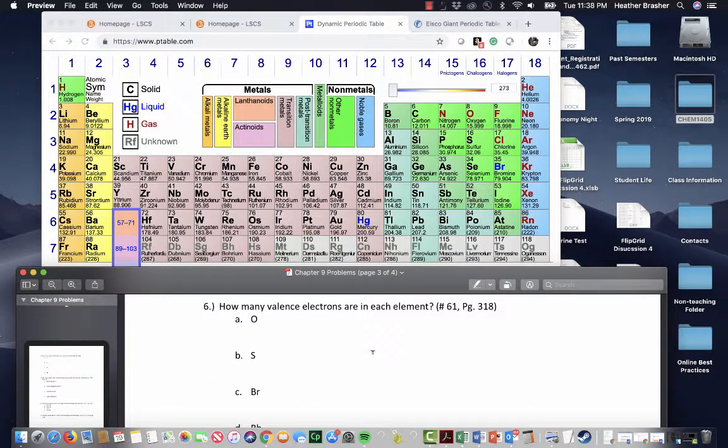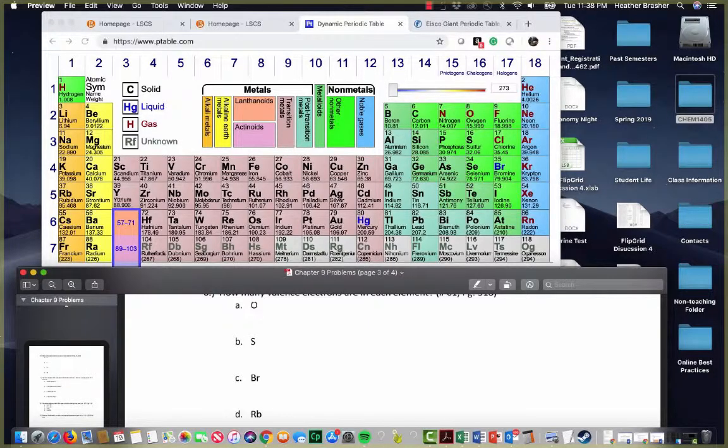How many valence electrons are in each element? You can do what we've been doing, or you can use the top. This is number 61. Generally this has the numbers on top: 1A, 2A, go across 3A, 4A, 5A, 6A, 7A, 8A.